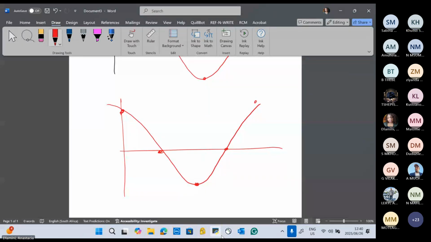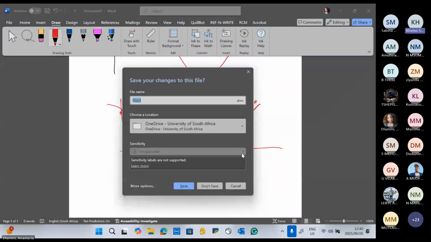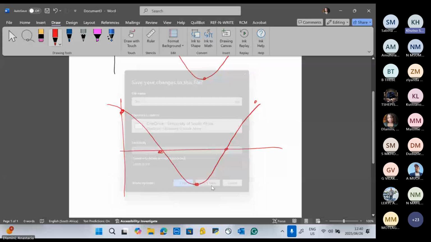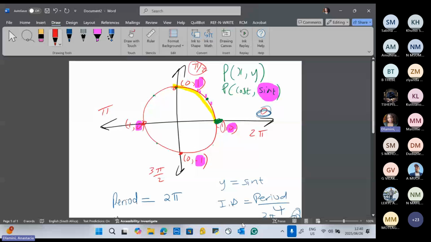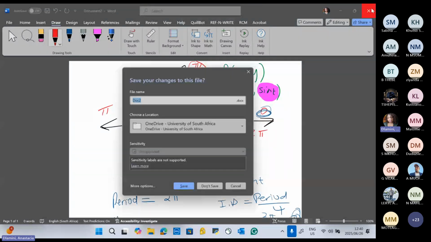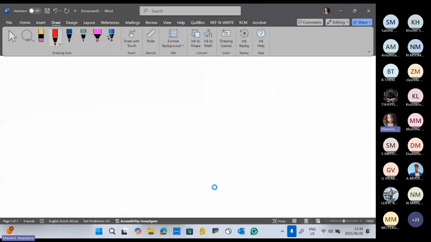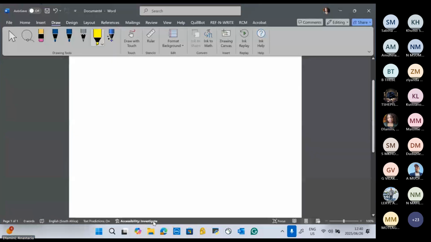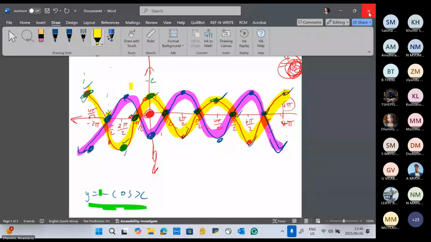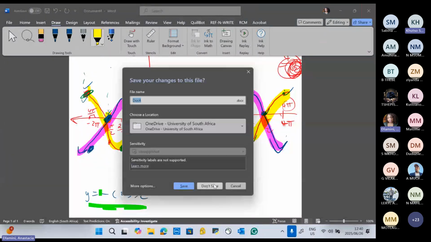Without the k value, it will be pi over 2, because what is the period without the k value of sine? It's 2 pi. So divide by 4 and it will be pi over 2. Oh, I see. Yes.